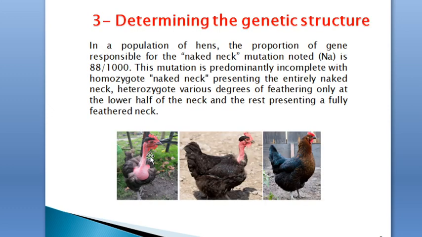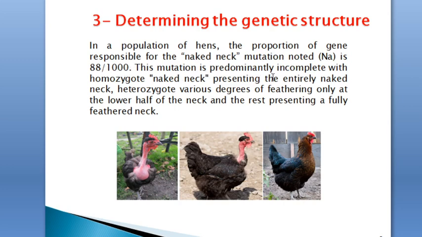Here we have a case study. In a population of hens, the proportion of genes responsible for the naked neck mutation, noted NA, is 88/1000.